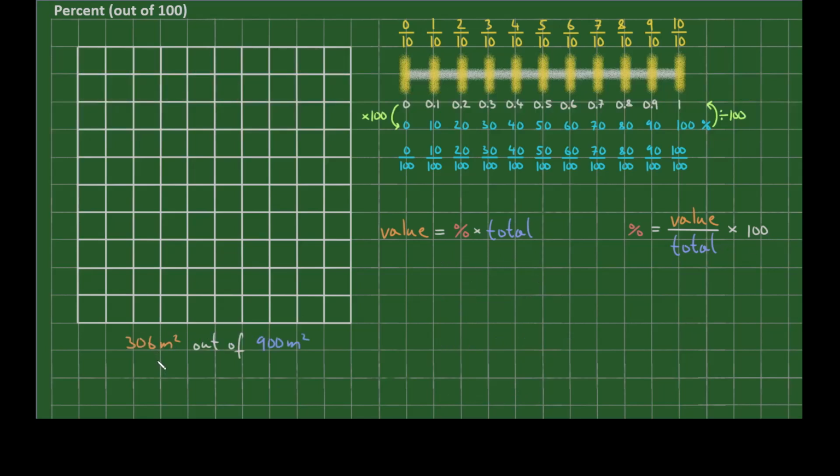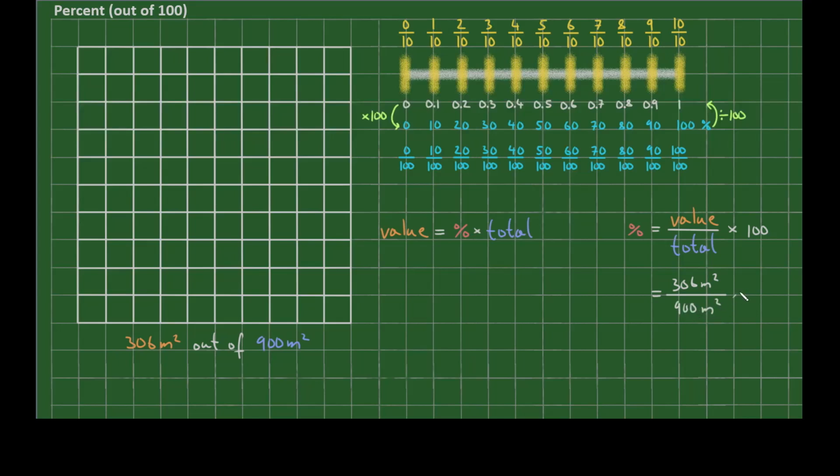Now I am interested in calculating what is 306 square meters out of 900 square meters. According to my little formula, I need to take the given value and divide it by the total. In this case, the given value is 306 square meters and the total is 900 square meters.